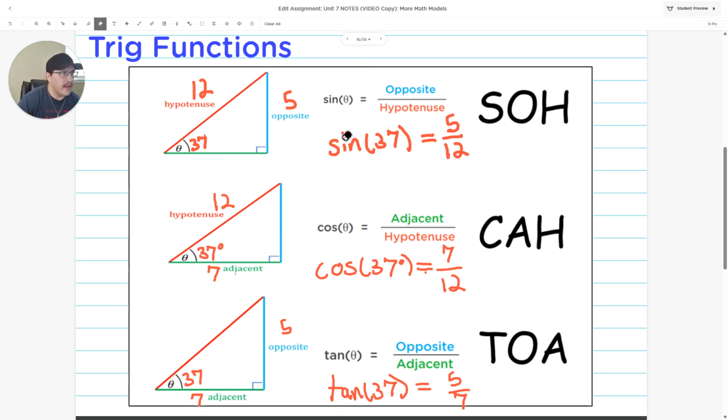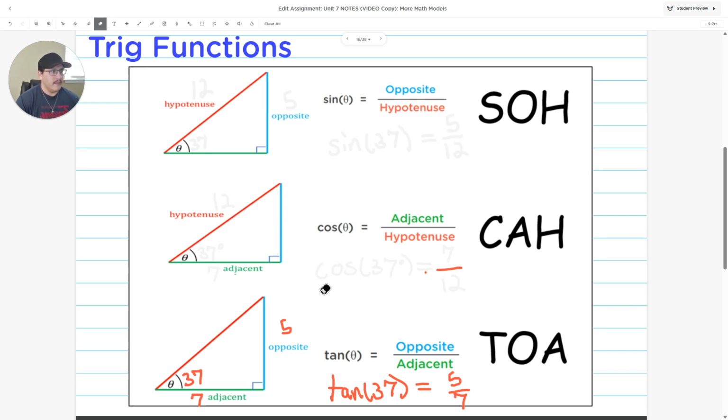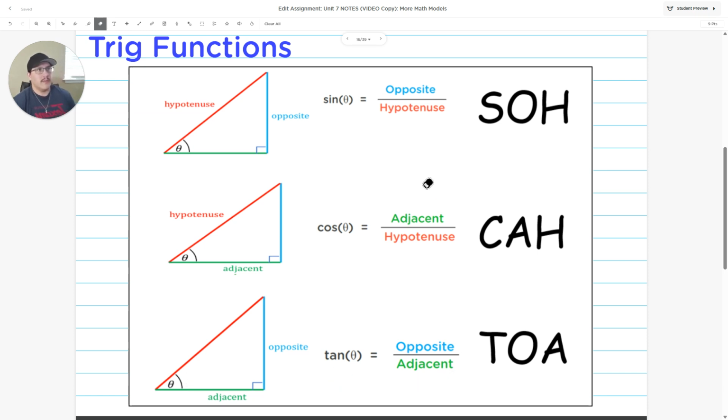Now, if all of this is a little tough to remember, I'm going to give you some things that may help with your memory on what is what. Some of y'all may have heard this before in geometry or at a different math class. Some of y'all, this is the first time to see it. S, C, T, the first letters of SOHCAHTOA, all represent what trig function you're going to be using.